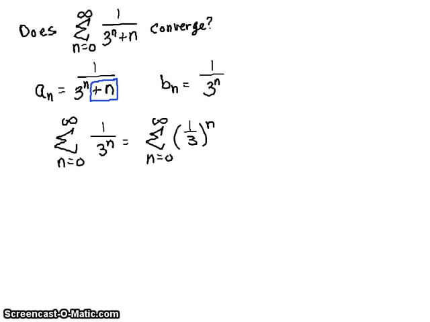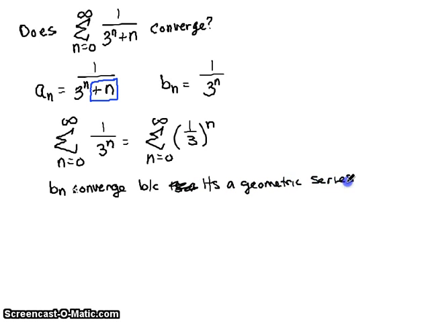We don't have to say what this converges to, but we know B of n is going to converge because it's a geometric series and the absolute value of 1/3 is less than 1. So since B of n is going to converge, therefore we know A of n also converges.